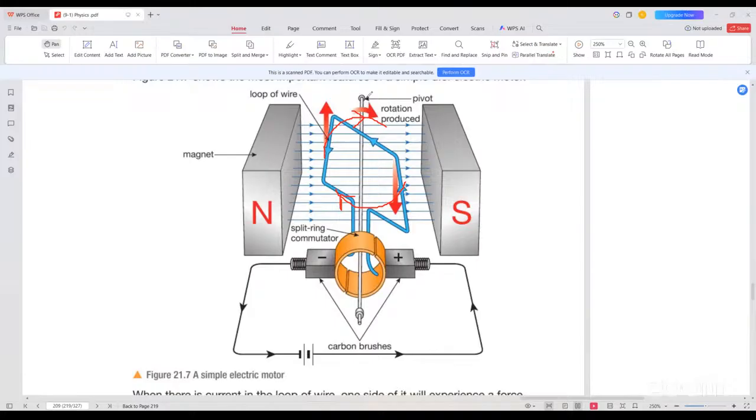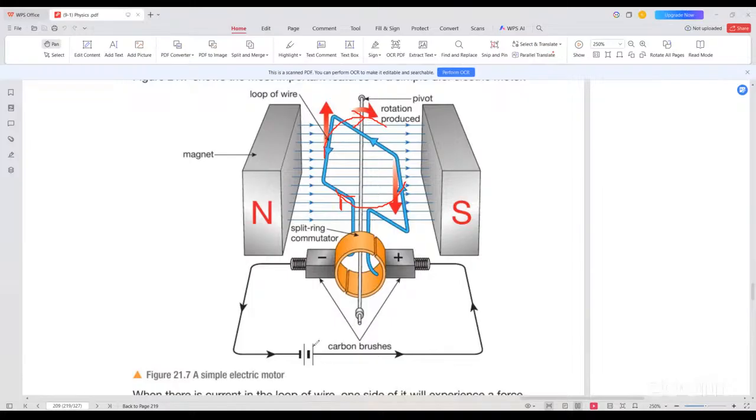So eventually it will be rotated. That's how the motor works, right? Remember, this sort of diagram was also given in a question paper. If we have time, I will show it. So this is the working mechanism of the electric motor.